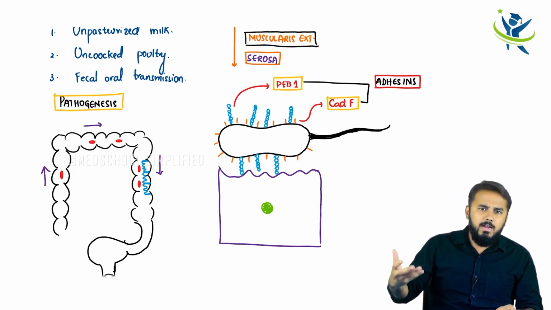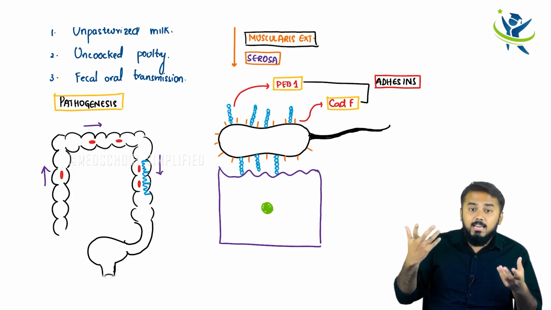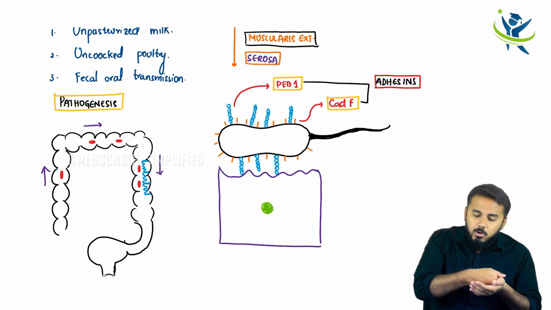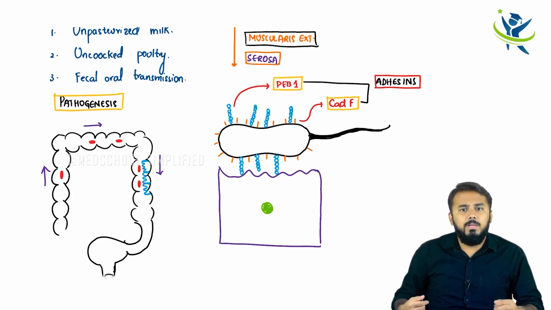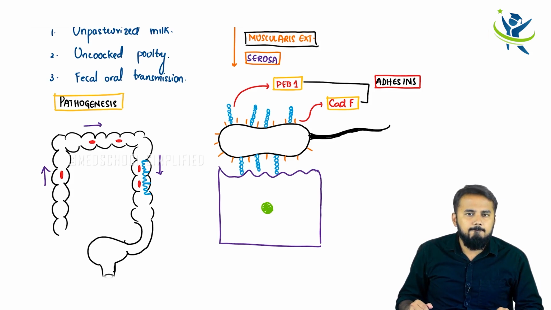Adhesins might not release any toxin, but they are responsible for sticking to the host cell, right? So in some way, they are also involved in the inflammation. So I can call them virulence factors. Anything that is responsible for damage to your body is called a virulence factor. Okay, fine. So these are called adhesins.